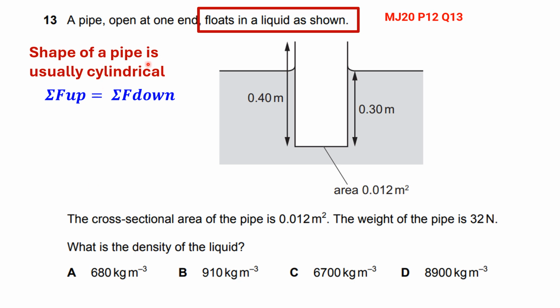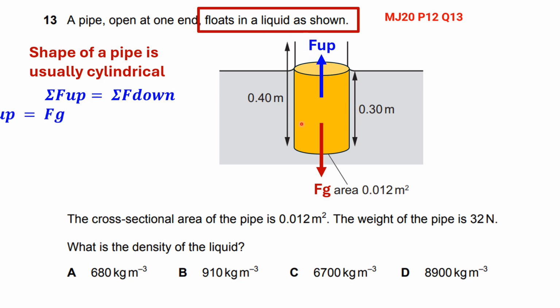The shape of the pipe is usually cylindrical, which means that we are going to be looking at the volume of a cylinder. Here we have the weight of the pipe, which is 32 newtons. And we have an upthrust force because it is floating in a liquid.